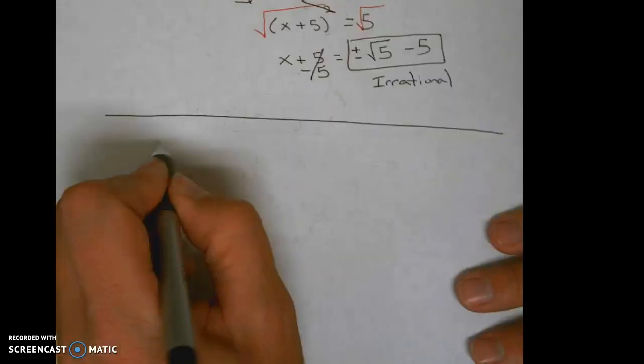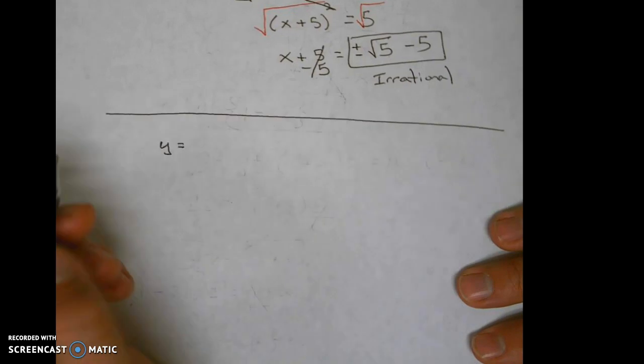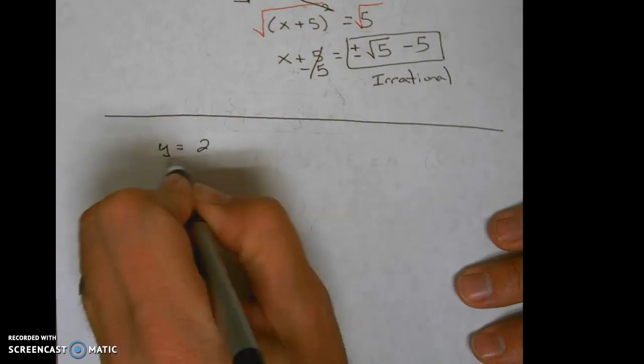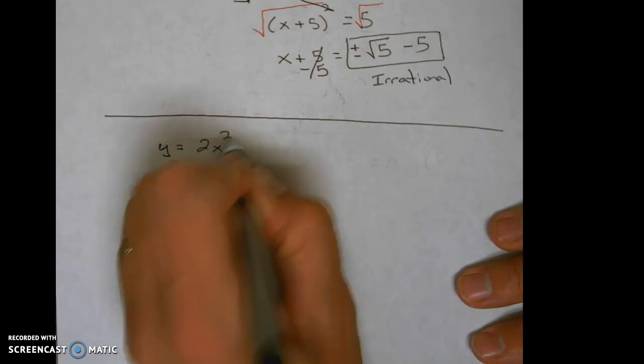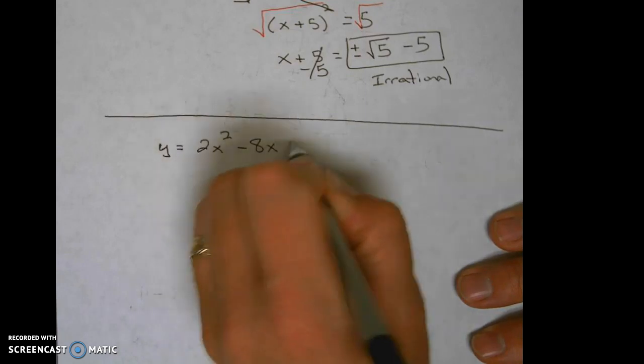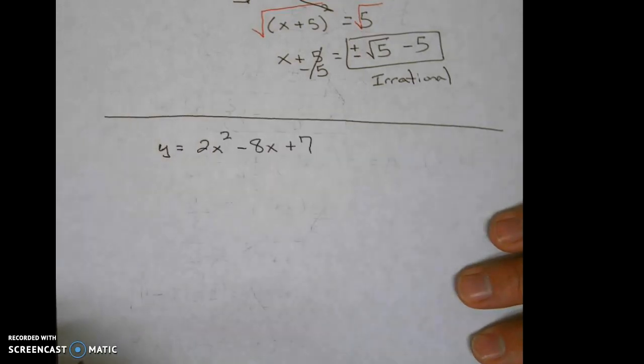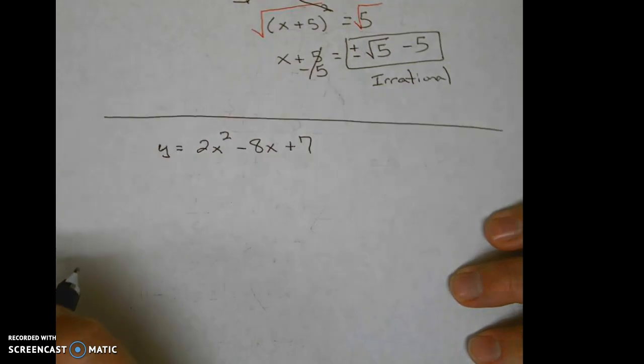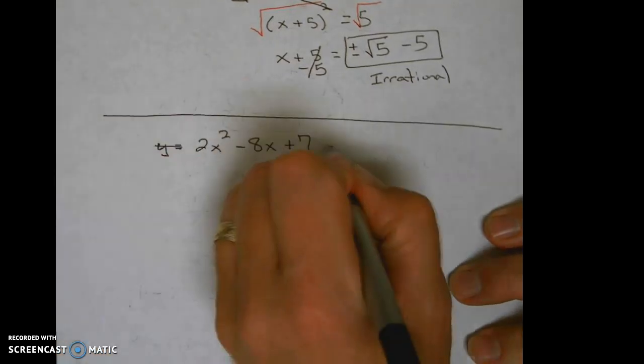So going from standard form to vertex form, let's go ahead and write an equation in standard form. All right, and now we're going to go to vertex form. So we're going to set the equation equal to 0.